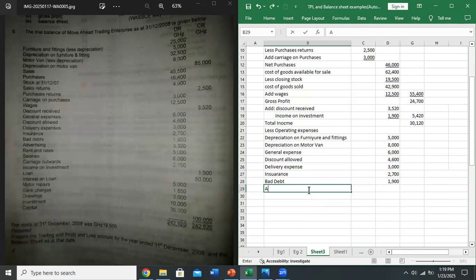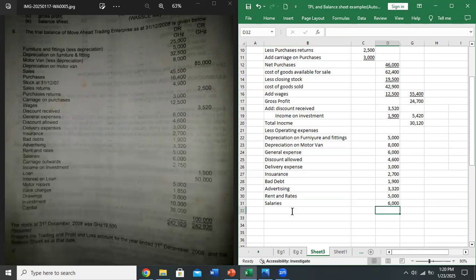Advertising, 3,320. And rent and rates. Rent and rates is also 5,000 Ghana cedis. Then we have salaries. Salaries 6,000.